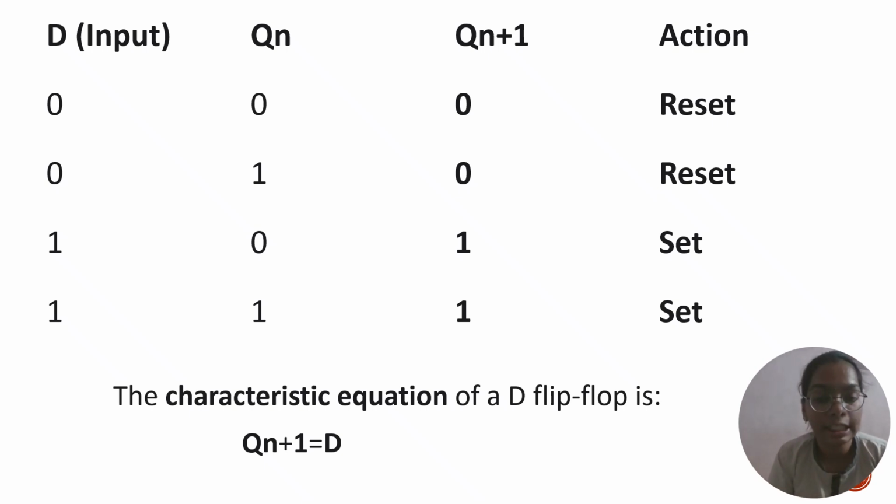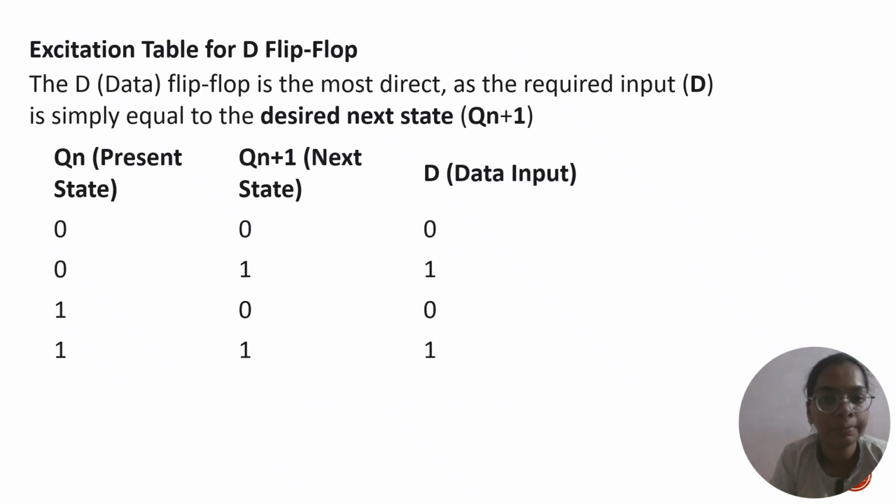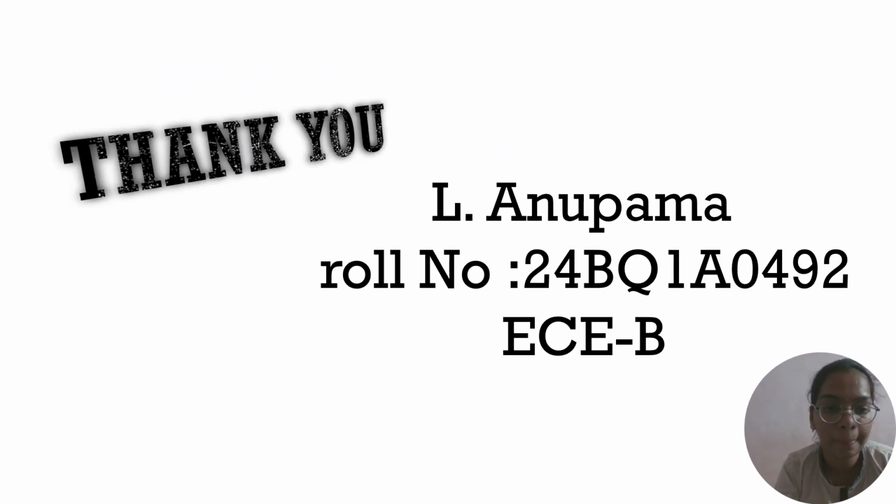The characteristic equation of D flip-flop is Qn+1 equals D. Excitation table for D flip-flop. The D flip-flop is the most direct, as the required input D is simply equal to the desired next state, which is shown below.